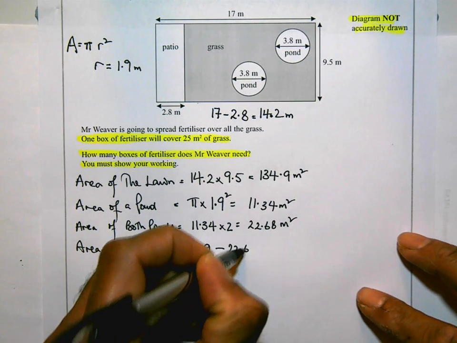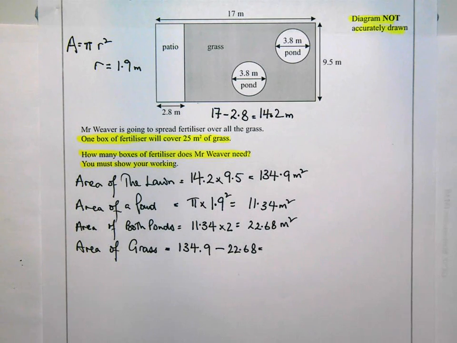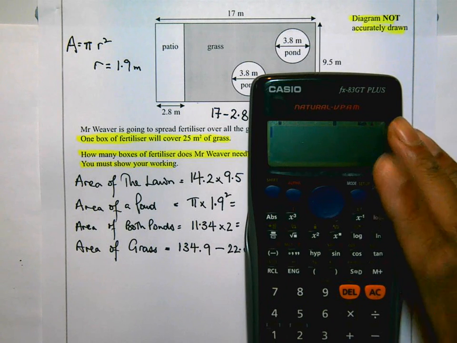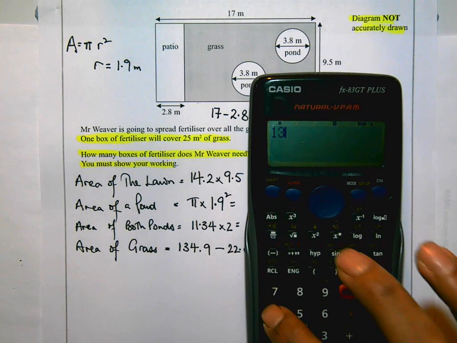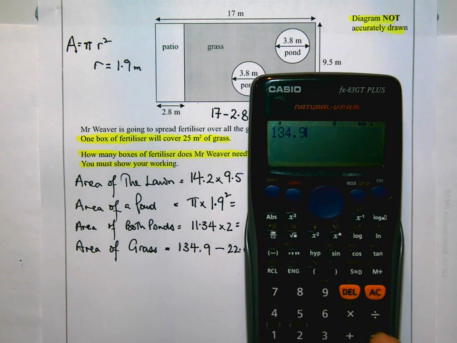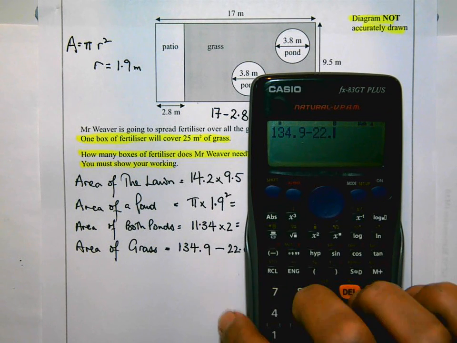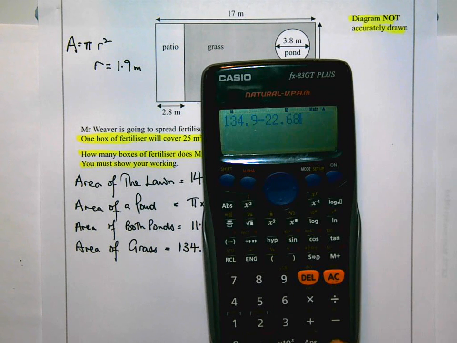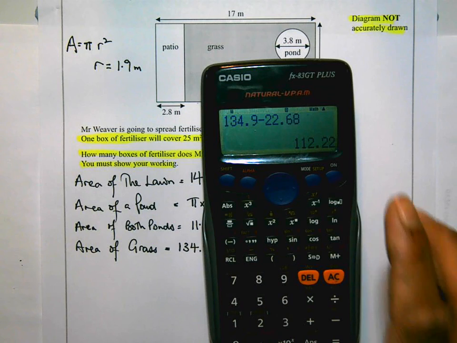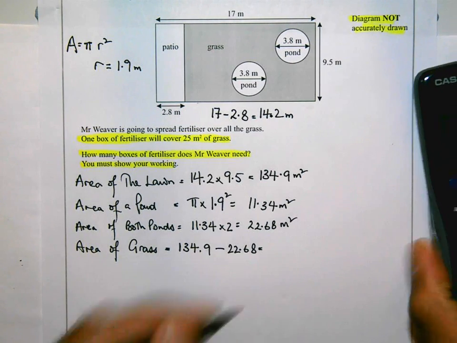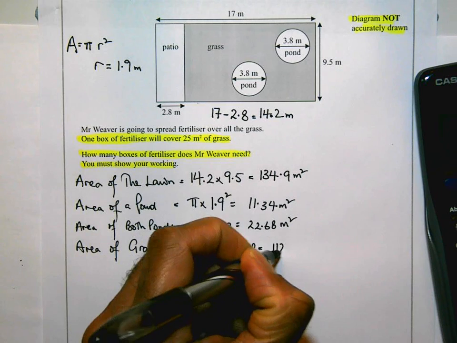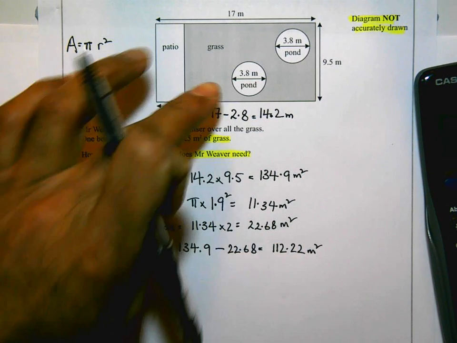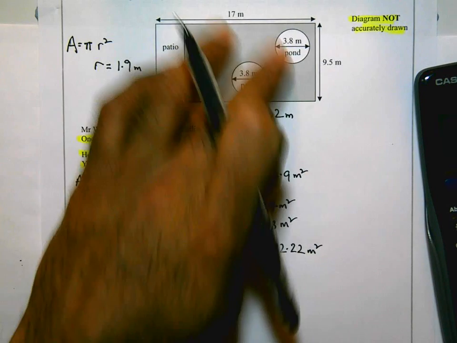So if I do that calculation now, 134.9 take away 22.68 is equal to 112.22 meters squared. Now that's the area of all the grey bit. The grey bit is the grass. That's the area of the grass in the lawn.